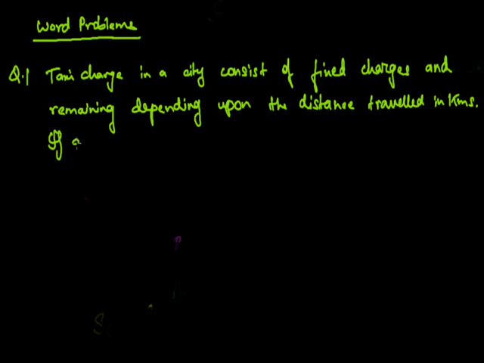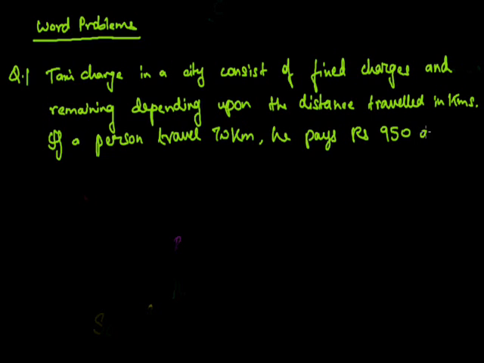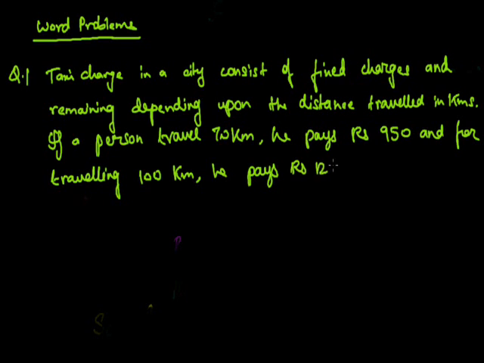So if a person travels 70 kilometers, he pays rupees 950, and for traveling 100 kilometers he pays rupees 1250. So find fixed charge and rate per kilometer.